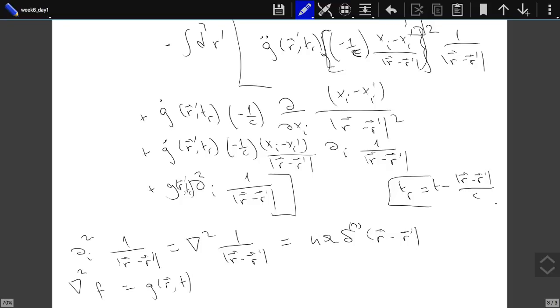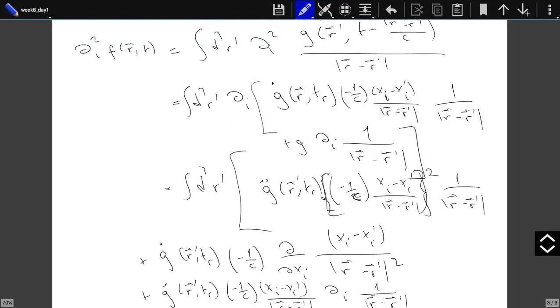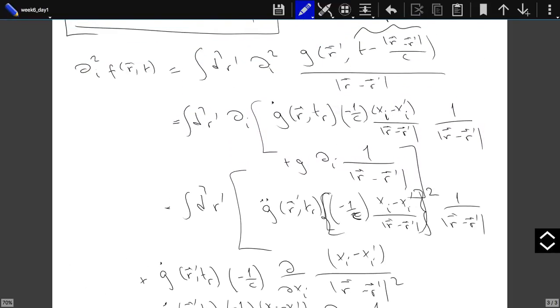Now let's try to do a bit more simplifications. Let's go up. Let's look at this term, xi minus xi prime squared. That is nothing but r minus r prime squared. Here I have r minus r prime squared. So they basically cancel each other.